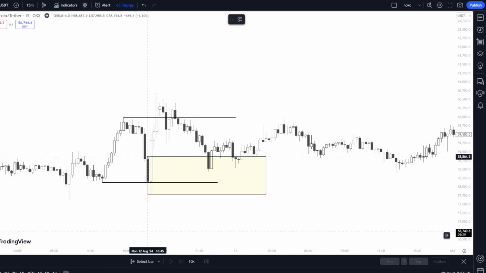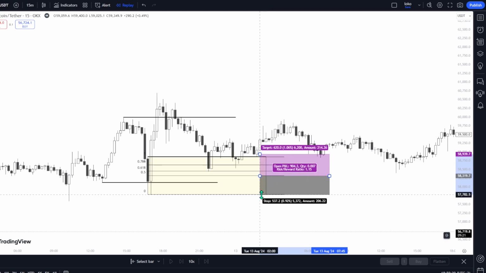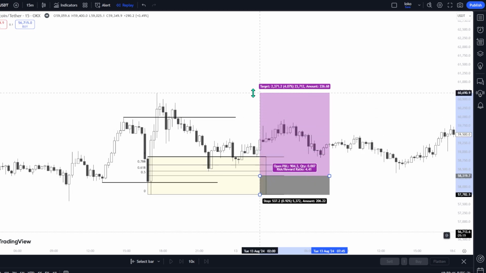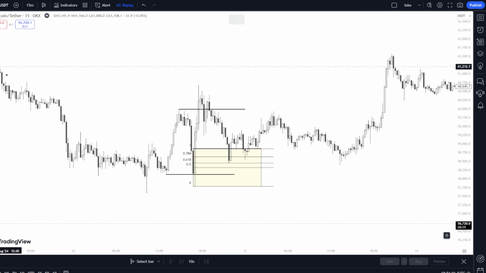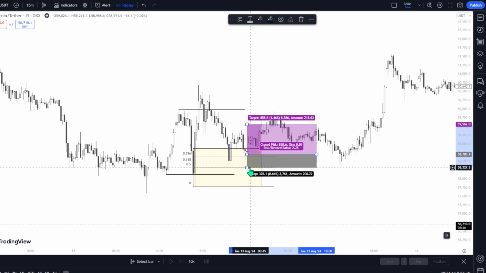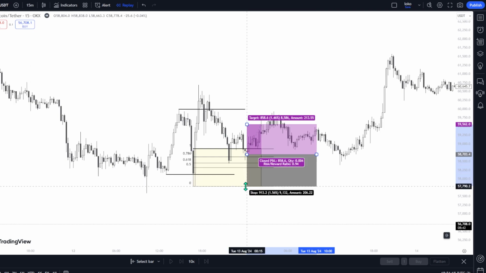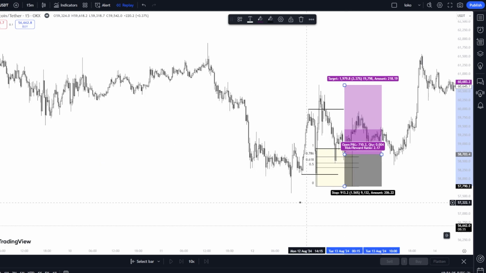So here we can place a Fibonacci grid, take the long position instrument, and place a deal like that, capturing this liquidity, and get a good deal, with a risky stop loss on the 0.5% or above our order block, with a take profit at the liquidity pool on the top.